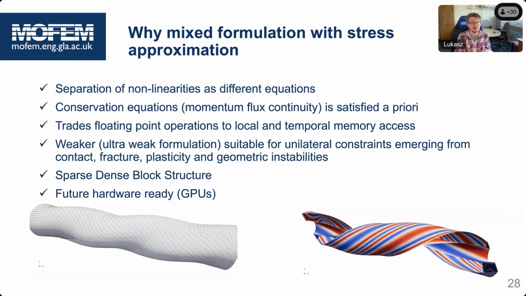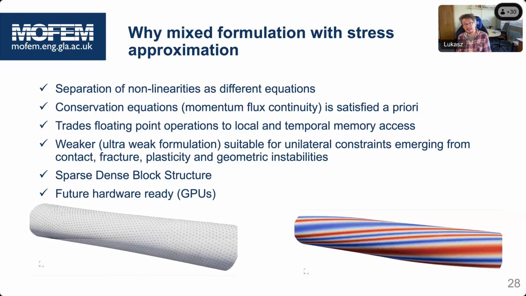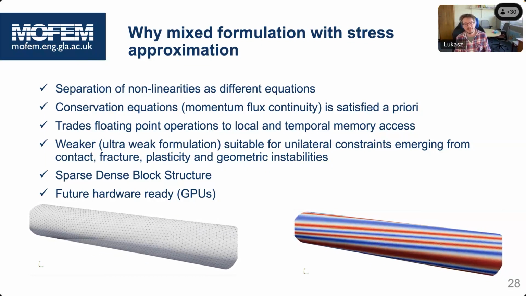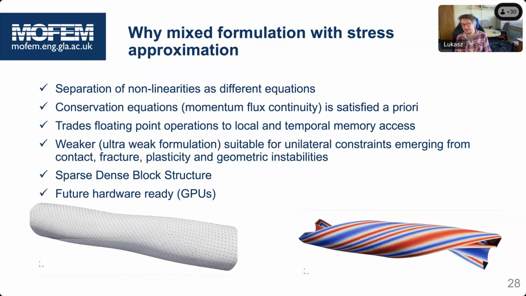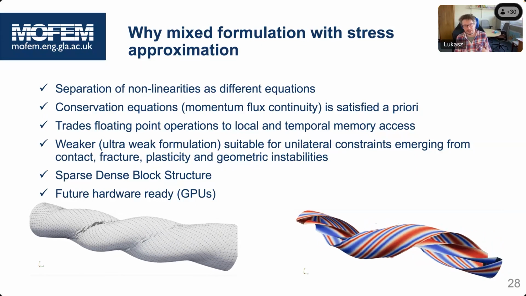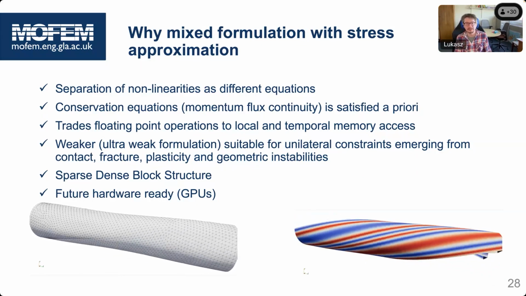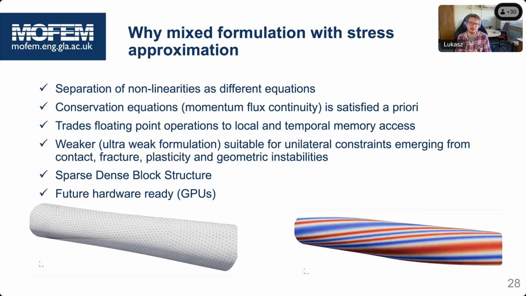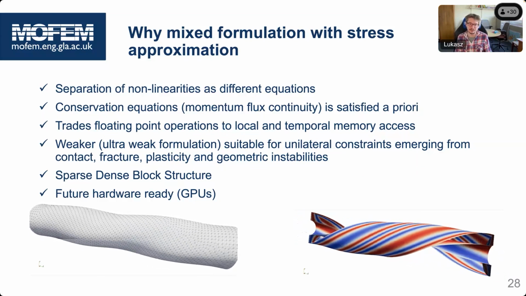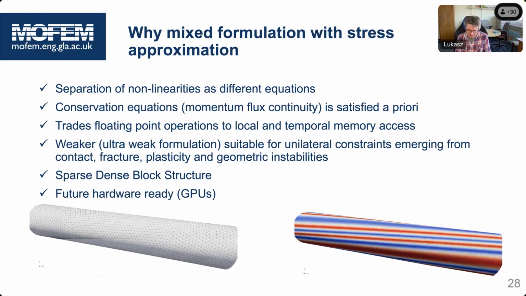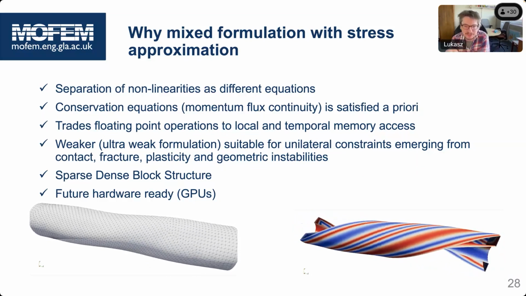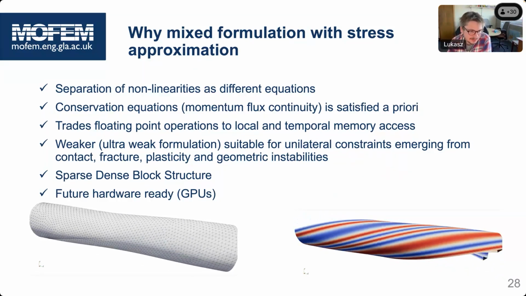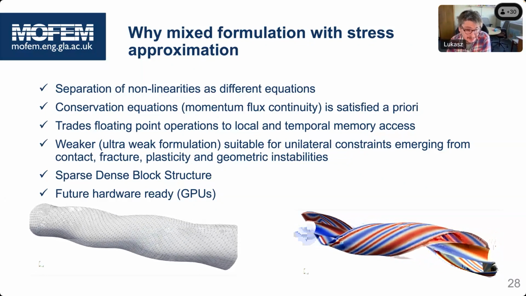So those elements in some way are going in the direction in which the hardware develops. We cannot reduce the latency; physics constrains us. We can increase the number of chips. So floating point operations, in the future and now, as you can see through the large language models, are cheap. You have to keep the access to the memory local, in time and in space, and those elements exactly provide that.